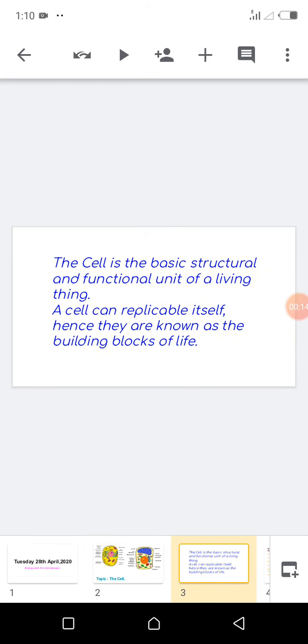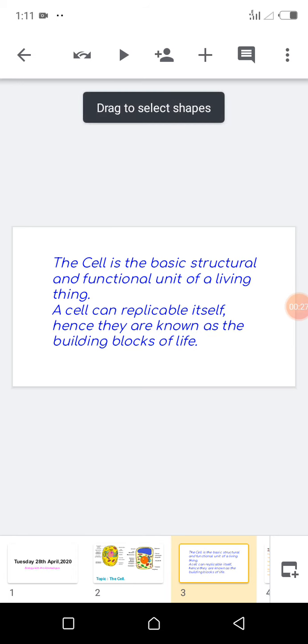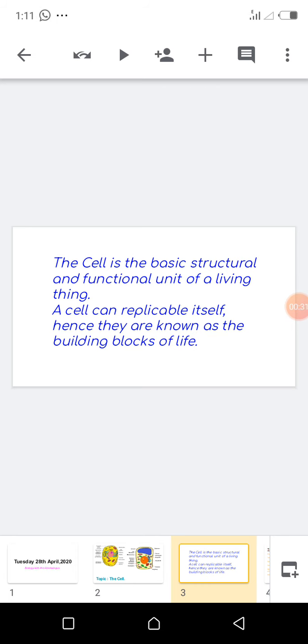The cell is the basic structural and functional unit of a living thing. We can also say the cell is the basic fundamental unit of life. If we were to break apart an organism, the smallest independent component would be the cell.